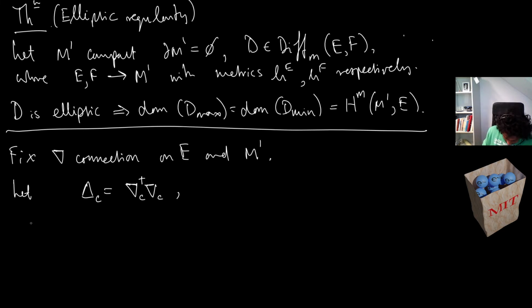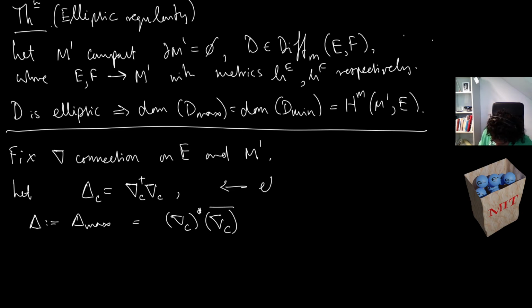So we define delta to be equal to delta max. This is the adjoint of this connection acting on the closure. It's easy to verify that. And I should say here that this operator is elliptic, order 2.